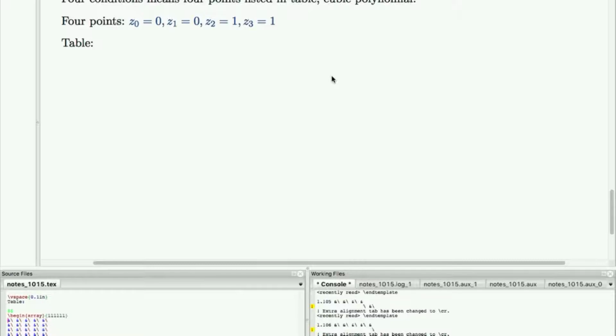The first column will have just the index of my z values, zi, and then f of zi, and then I'll have first order divided differences, and then second order.